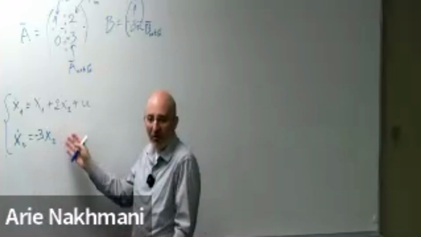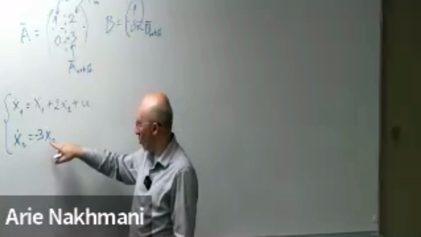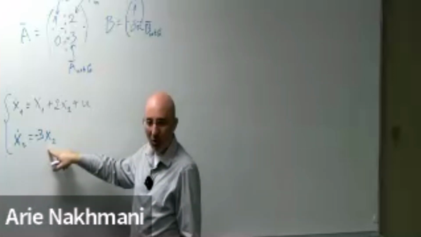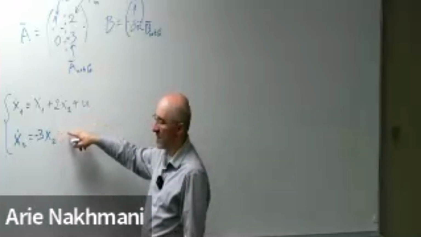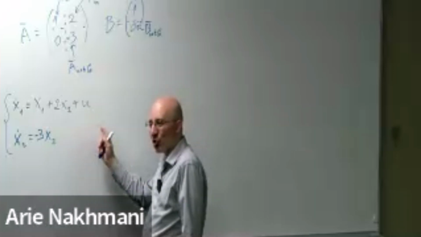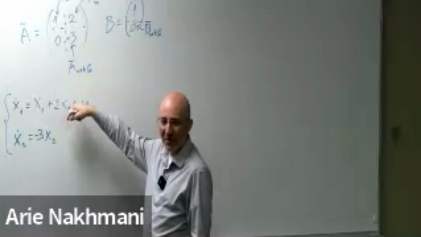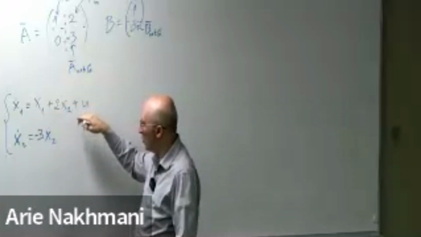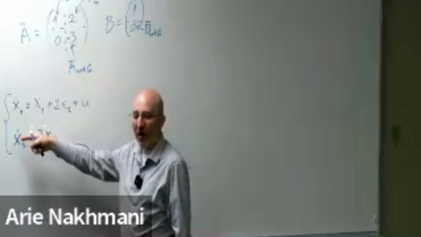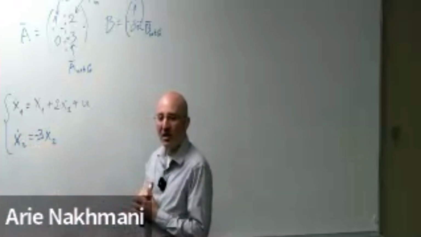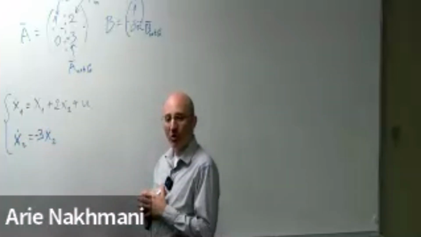u is not involved here. So x2 depends only on itself, and not on u. If this did not depend on u but had, say, plus something times x1, you could still control it through x1. You modify x1 with u, and then x1 gets into that equation and could modify x2, so it's possible that you can still control it with u.